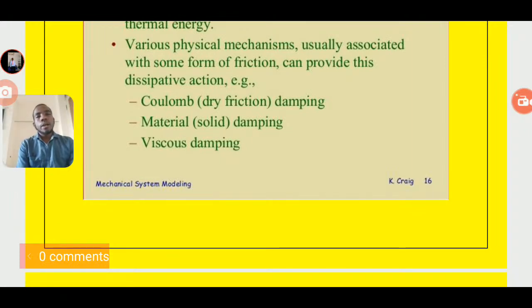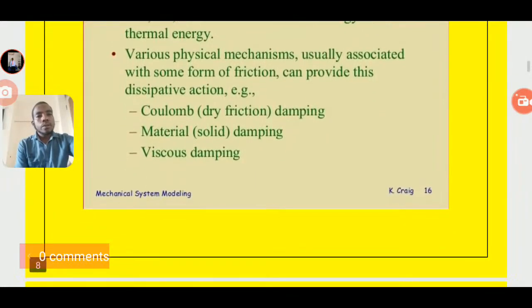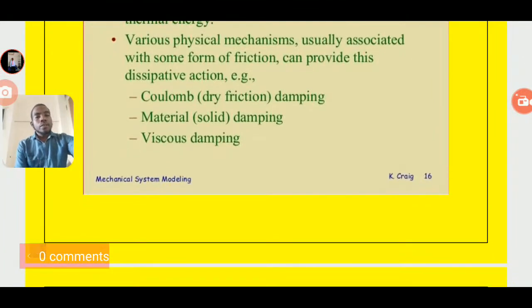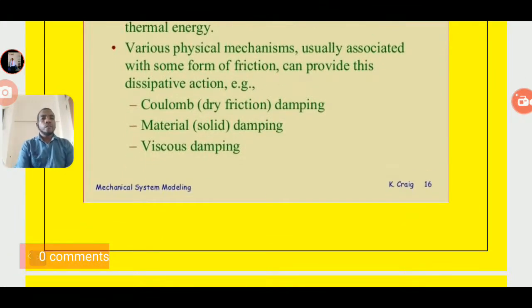For example, Coulomb friction or damping, material damping which is solid damping, and viscous damping.